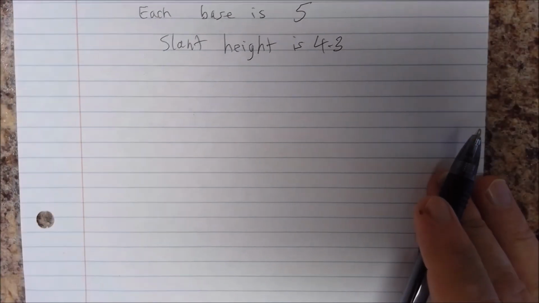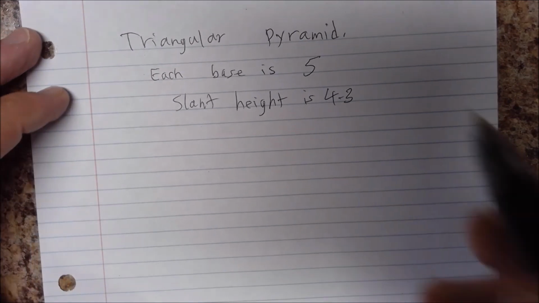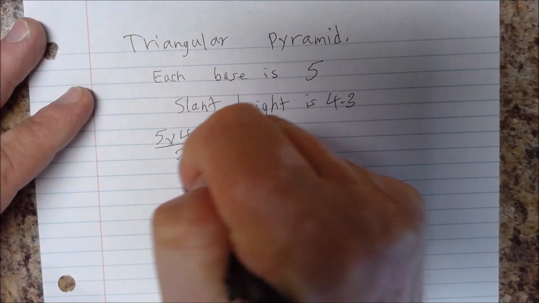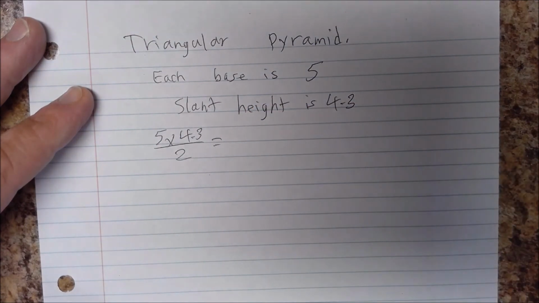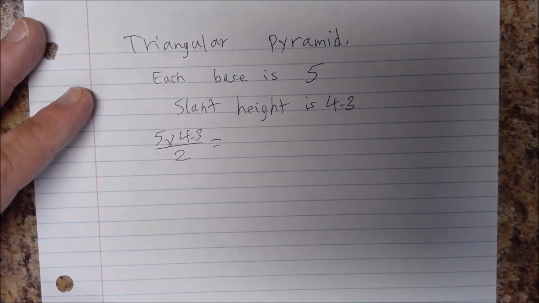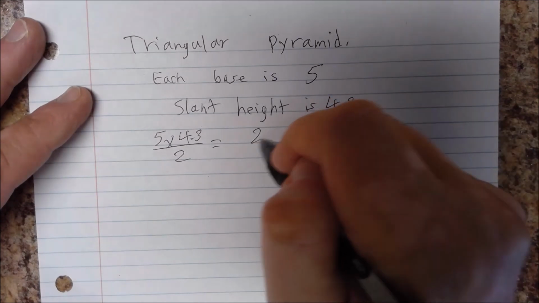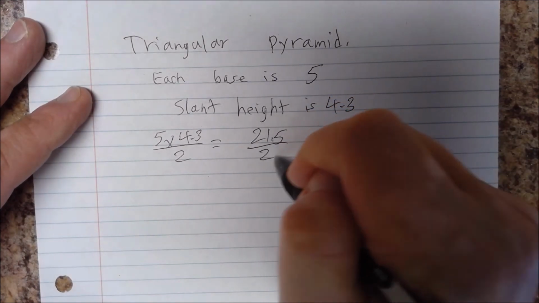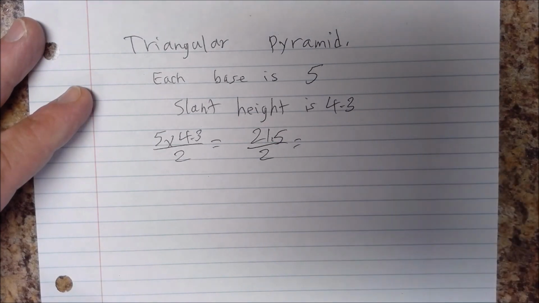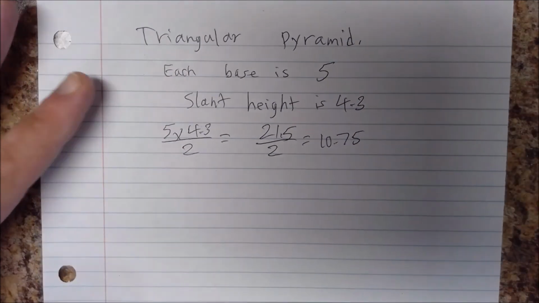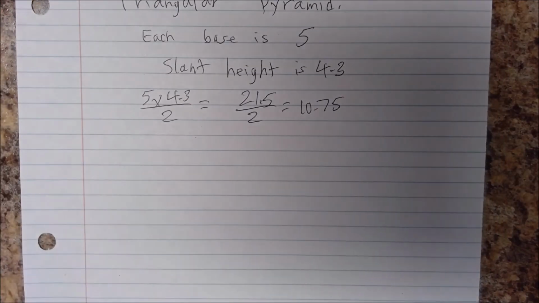Okay. So what do we do? Base times height divided by 2. 5 times 4.3 divide by 2. 21.5. Take 21.5, divide by 2, 10.75. There's the area of one triangle, and again, this is the same as the previous question.